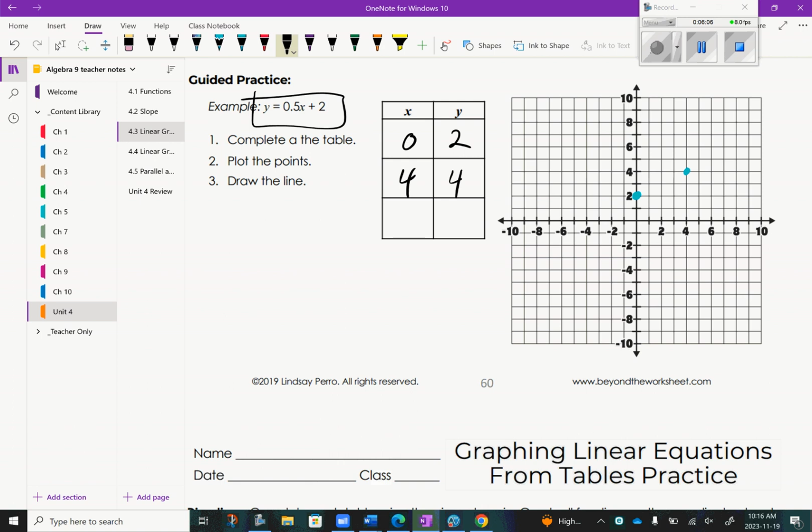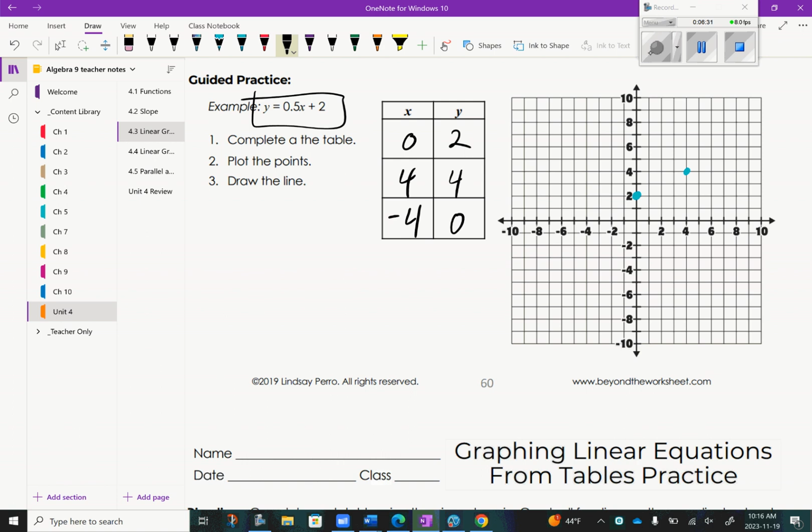Now, how do I know that's correct? How do I know if I played connect the dots, this is the correct line? Well, I substituted 4. That wasn't too bad. What happens if I substitute negative 4? Half of negative 4 is, sorry, negative 2. Negative 2 plus 2 is 0.